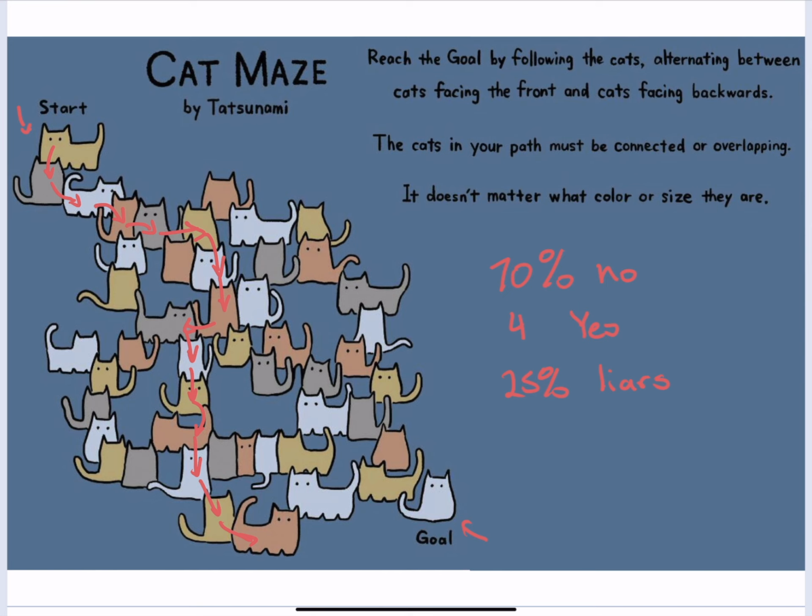Now we're at a dead end. Okay. What if I went right? Okay. Then you go right. Now what? Okay. Doesn't matter what color or size they are. We can go up to the secret cat.